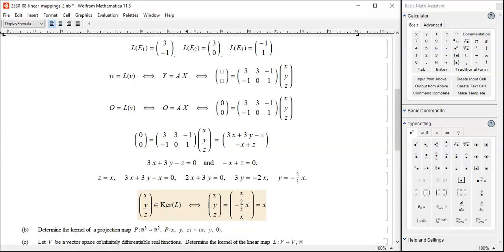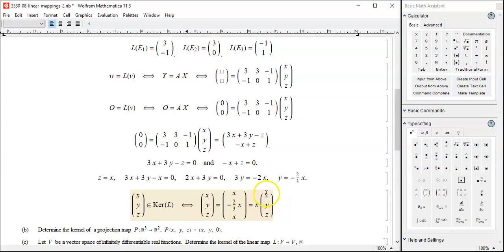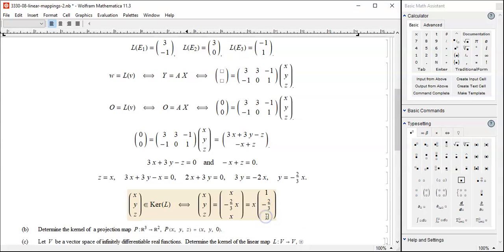Or I can take x out, and then this is going to be 1, negative 2/3, and then 1. I guess that completes the problem. All the vectors parallel to this direction, 1 comma negative 2/3 comma 1.